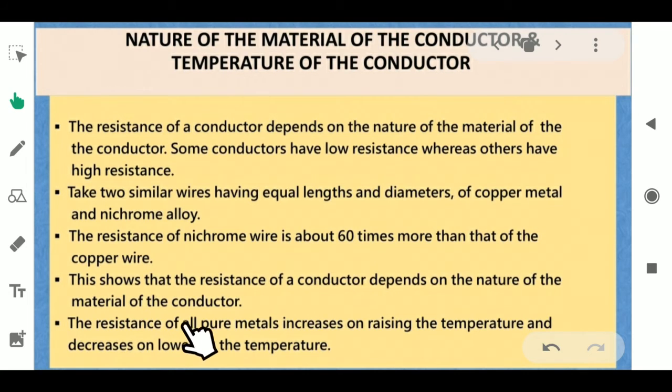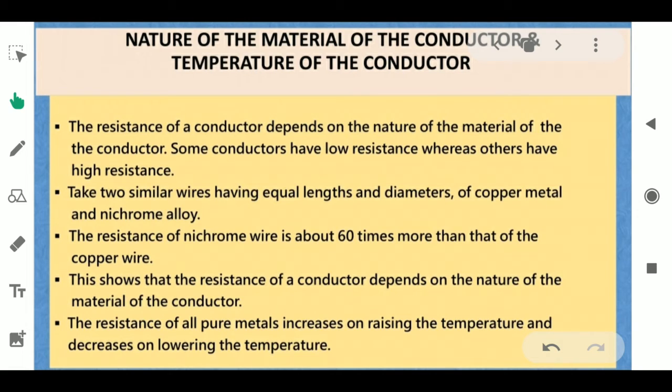The resistance of all pure metals increases on raising the temperature and decreases on lowering the temperature. In the case of pure metals, while increasing the temperature, resistance also increases, and while decreasing the temperature, resistance also decreases. That is the effect on pure metals.